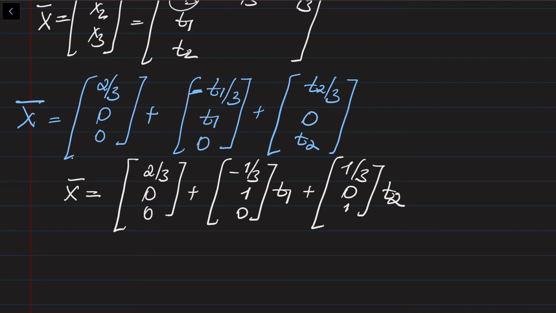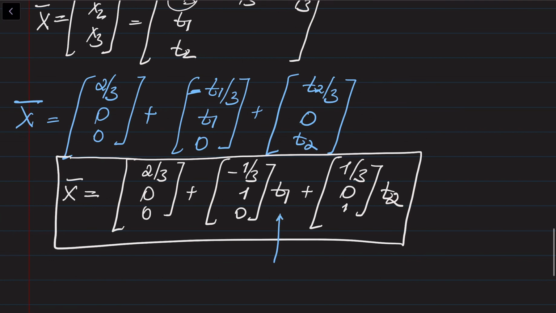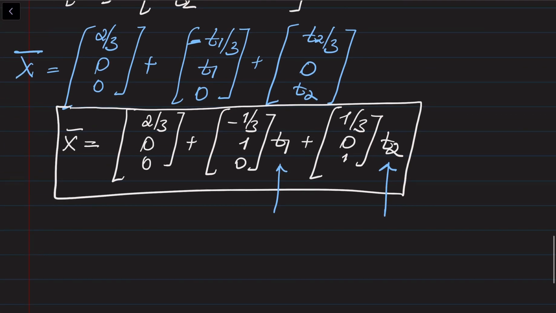This is the complete solution for the system of linear equations with infinitely many solutions, where we have introduced the two parameters t1 and t2. By assigning different values to t1 and t2, we are able to generate infinitely many solutions.